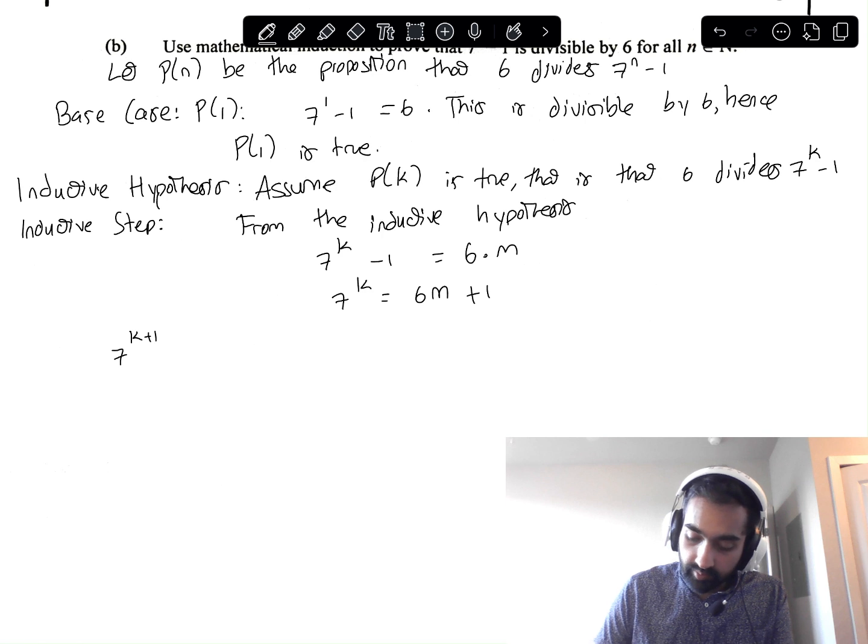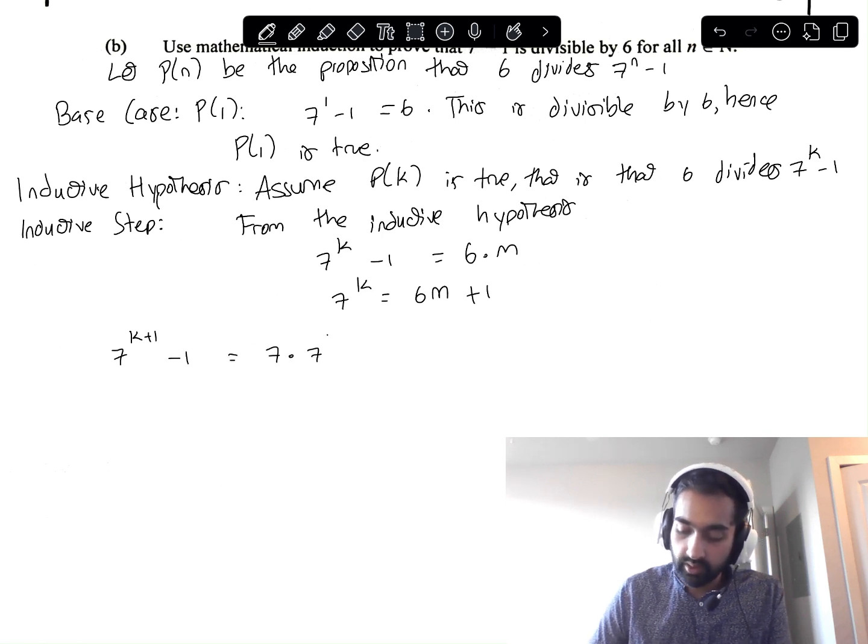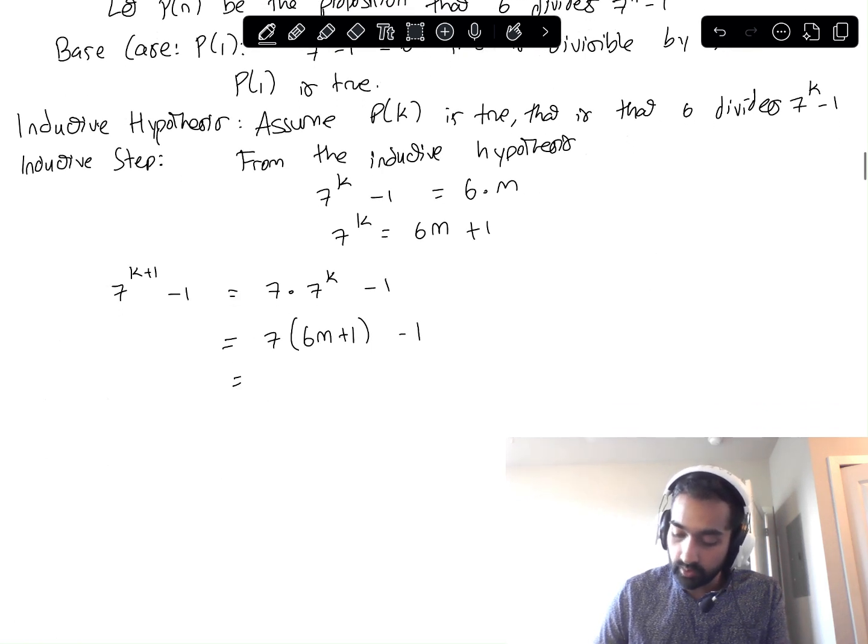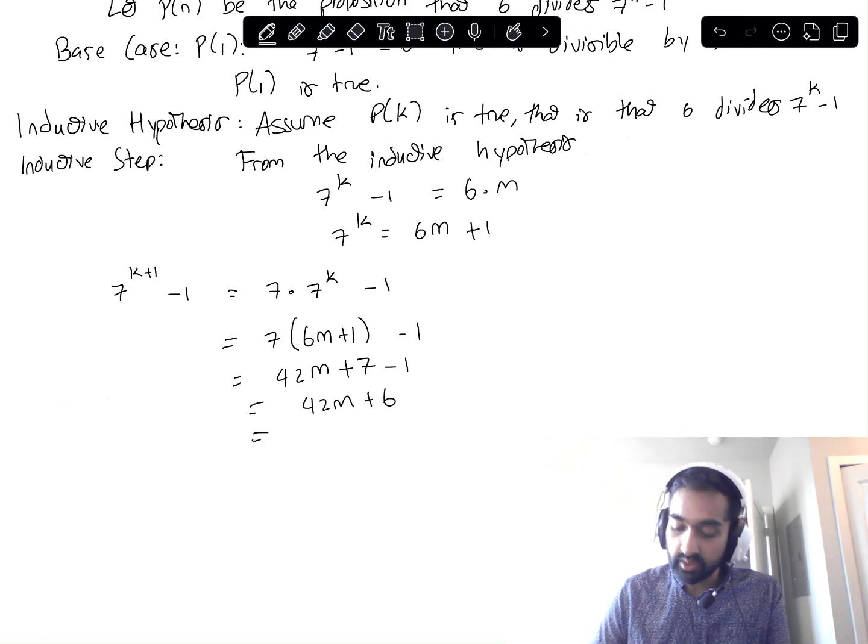Now, that means that 7 to the k plus 1 minus 1, by the laws of indices, is just 7 times 7 to the k minus 1. And I'm going to use the inductive hypothesis. It's 7 times (6m plus 1) minus 1, which is then 42m plus 7 minus 1, which is just 42m plus 6.